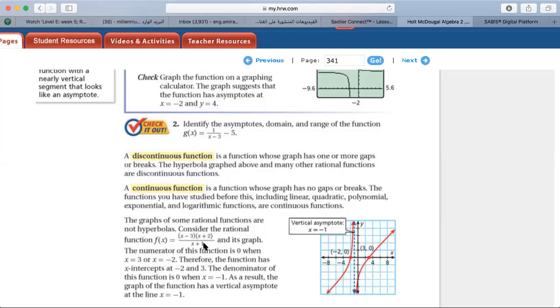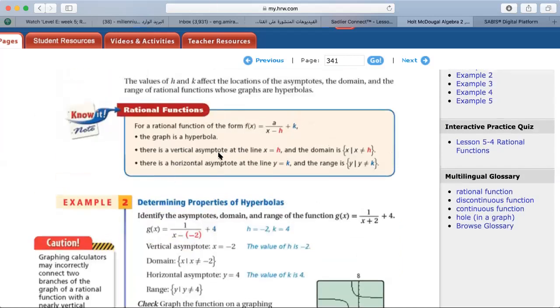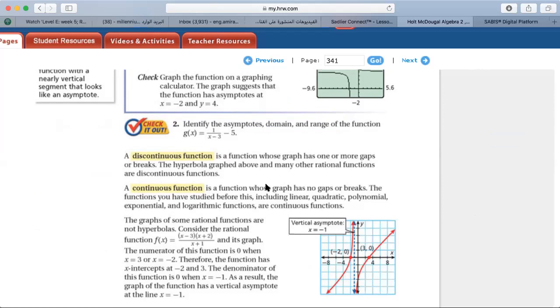Because we mentioned before that the vertical asymptote is where x is equal to h in the denominator. Here the denominator is x plus 1, so the value of h is the opposite of this sign, where h is equal to -1, so it has a vertical asymptote at the line where x is equal to -1.